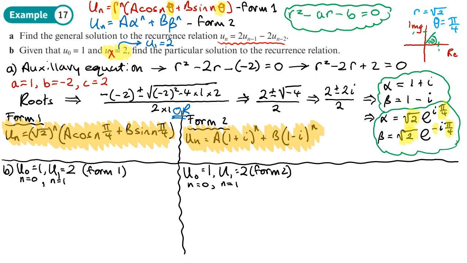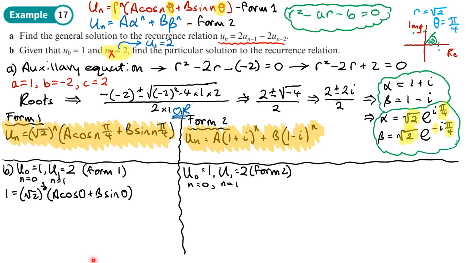Right, so let's start with form 1, which is this form here. We'll start by substituting u0 equals 1 into form 1. So that will give us u0, which is 1, equals. Everywhere we see n now, we put 0. So it's root 2 to the power 0 times a cos 0 times pi over 4, which is 0, plus b sine 0.